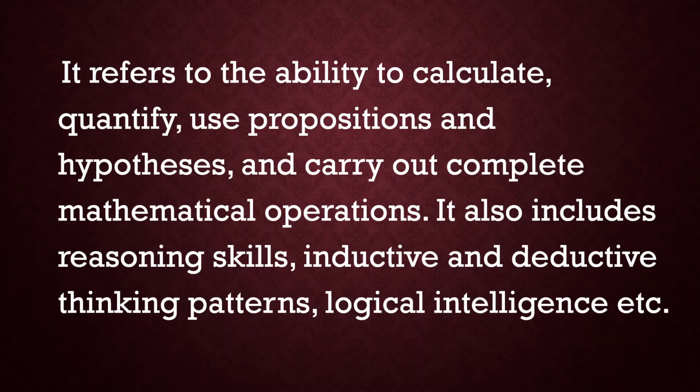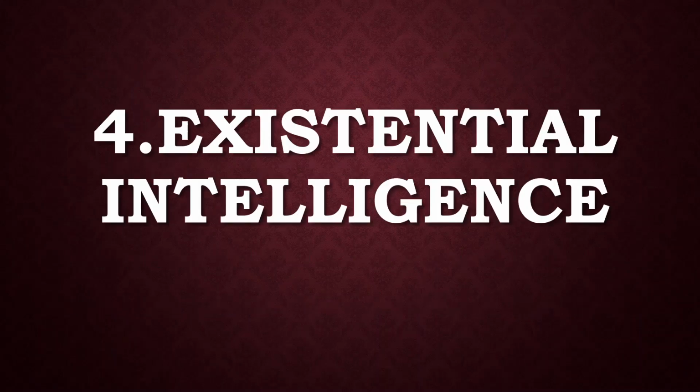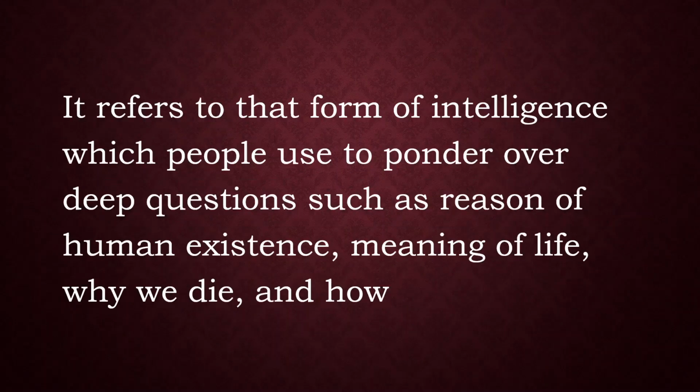It also includes reasoning skills, inductive and deductive thinking patterns, etc. Fourth type of intelligence, existential intelligence. It refers to that form of intelligence which people use to ponder over deep questions such as the reason for human existence, the meaning of life, why do we die and how we die, etc.